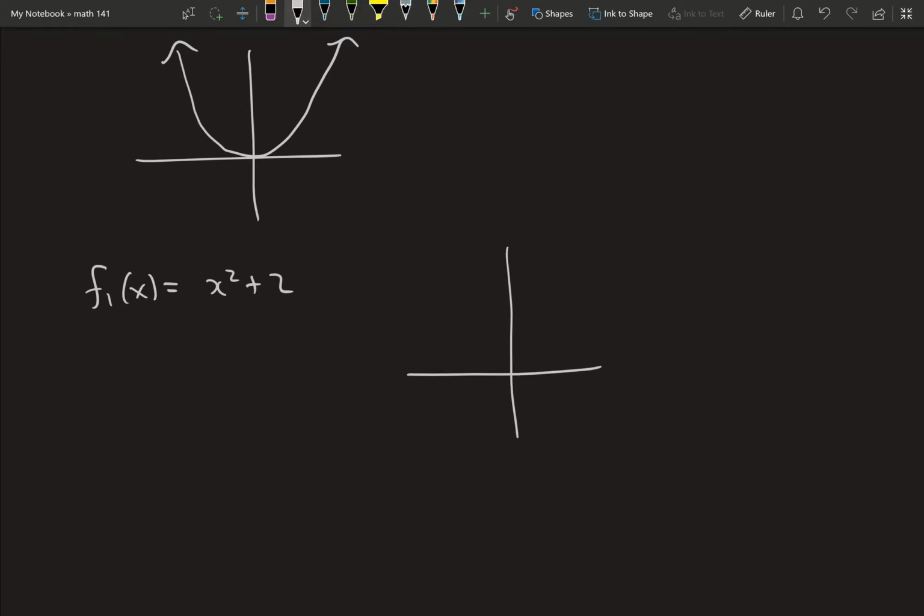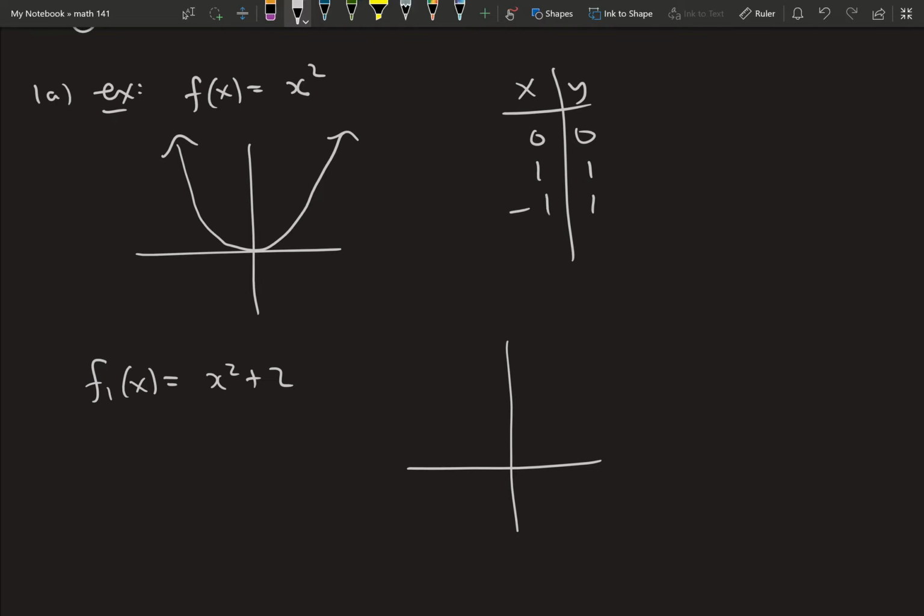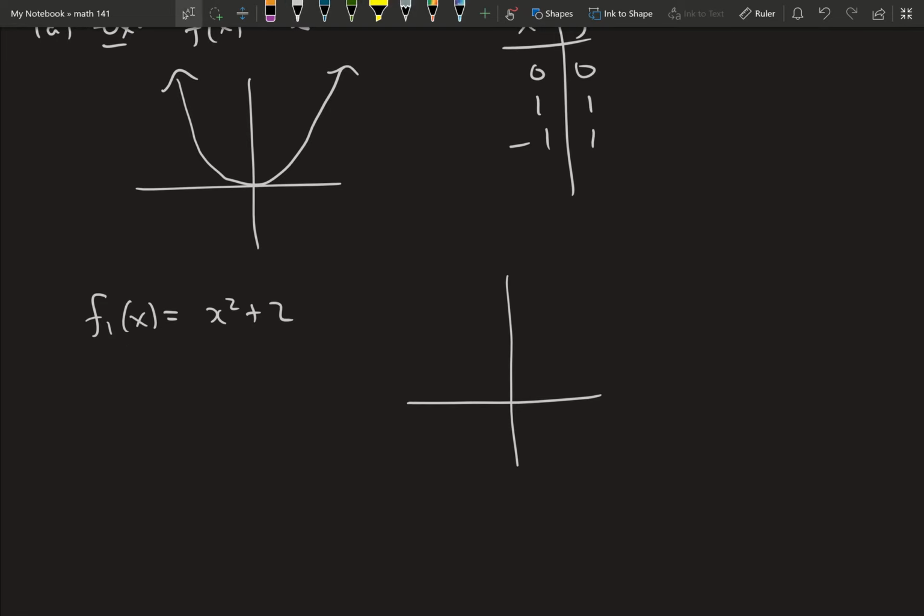If I plug in 0, so here in the original, let me plot some points just to be very clear as to what's happening. We have 0, 0, 1, 1, negative 1, 1, as a couple of points as a reference. If we plot the same x values here, for 0 we would get 0 plus 2, which is 2. Negative 1, we'd get negative 1 squared plus 2, which is 3.